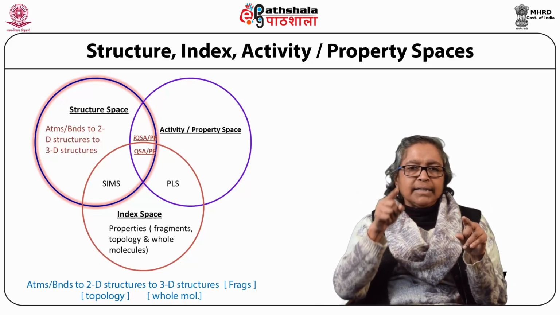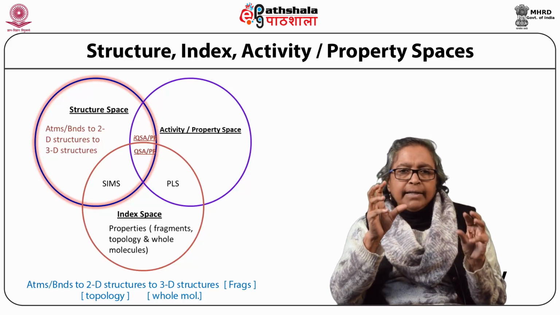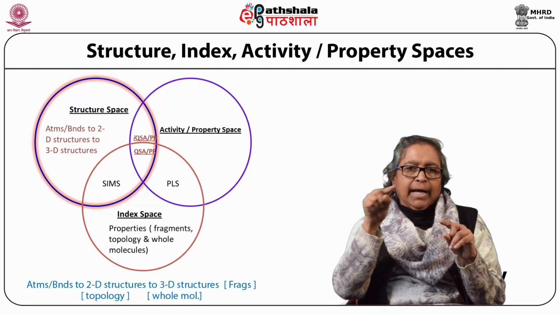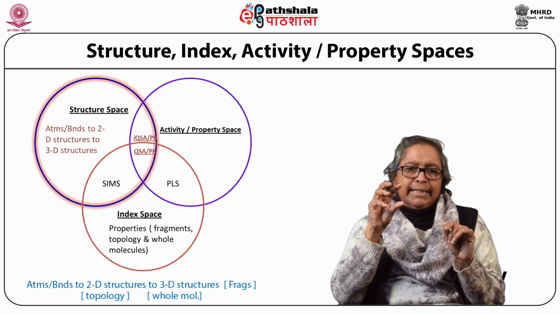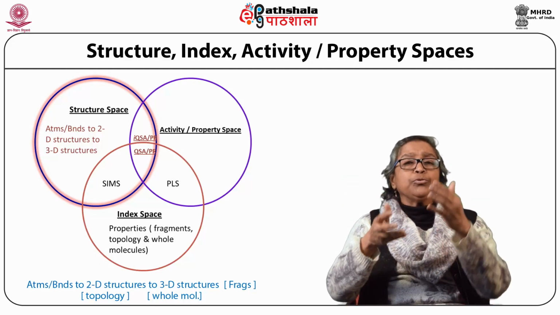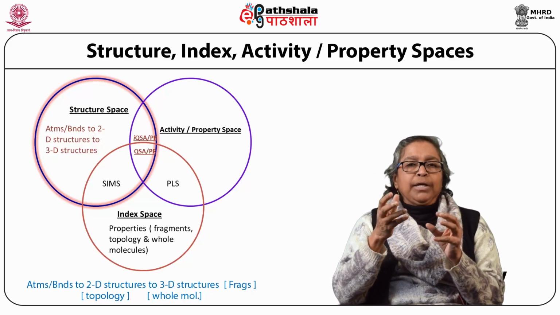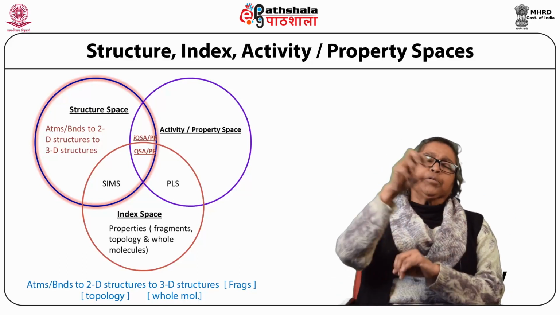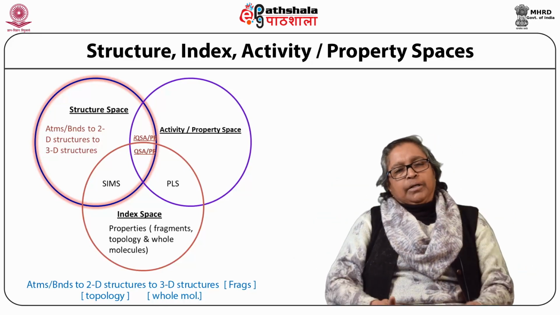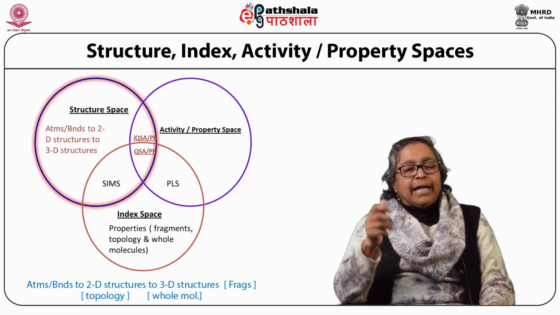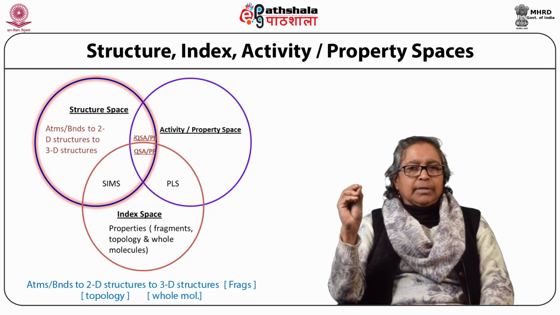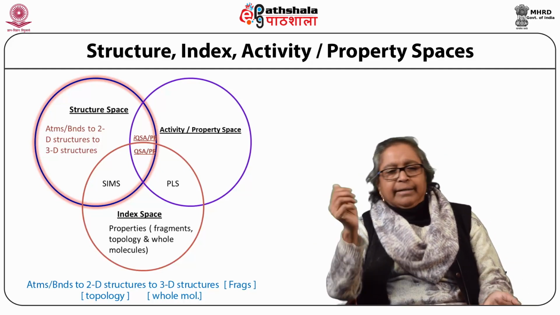As you see, the dark red color contains all the structural spaces, the bottom one is the index properties, and the right-hand side is the property-based. The common area between each of these circles has to be so good that we can pick up the compounds of those properties, build a model from these data sets and predict, and the compound must follow the lead activity which the model is supposed to generate.